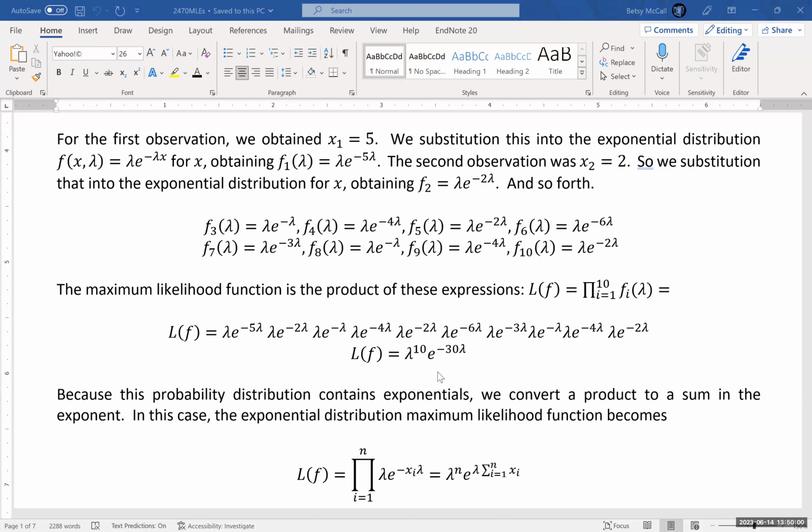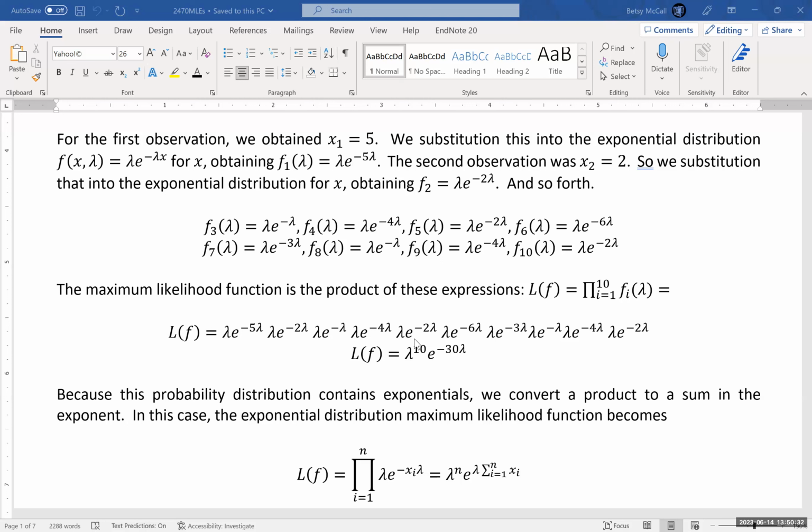In the case of the Poisson distribution, for instance, that's what you would have to do, because you can evaluate factorials at different values and figure out what the maximum has to be, but you can't take the derivative of x factorial or lambda factorial or whatever your parameter is. But in this scenario, this is a nice continuous function. We can easily take the derivative of it. The maximum will occur when the derivative is 0.